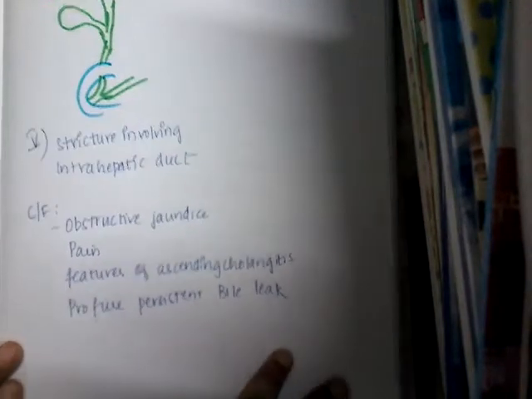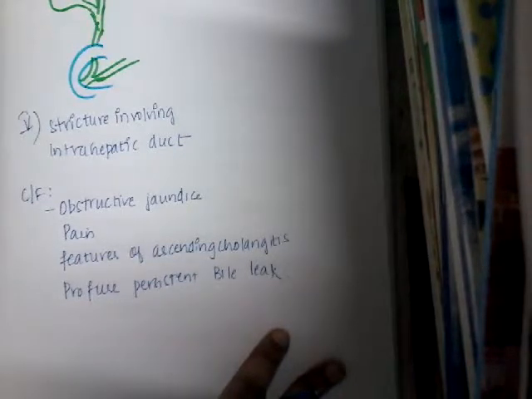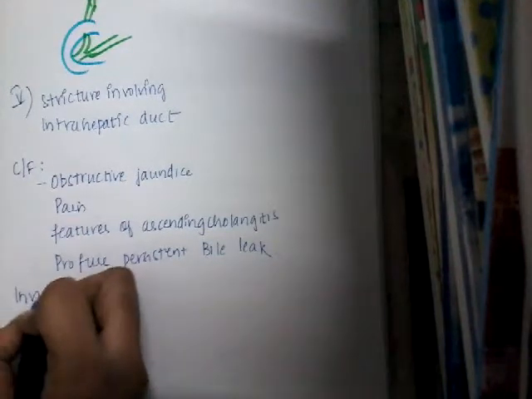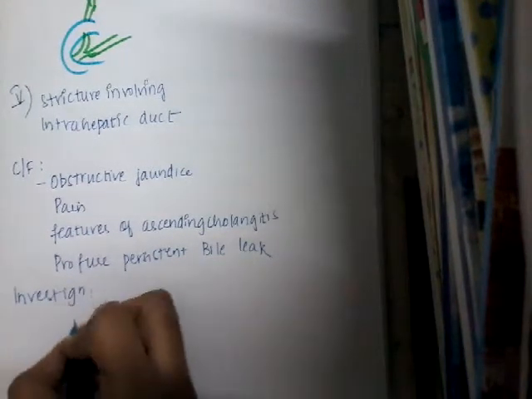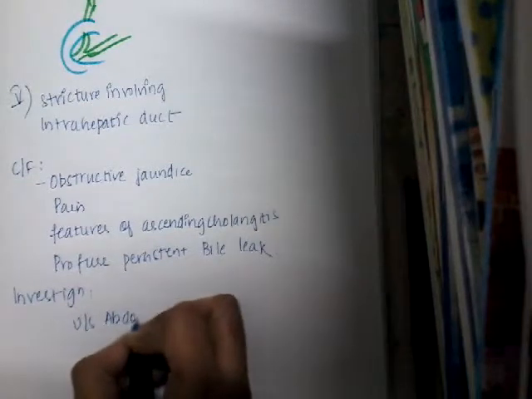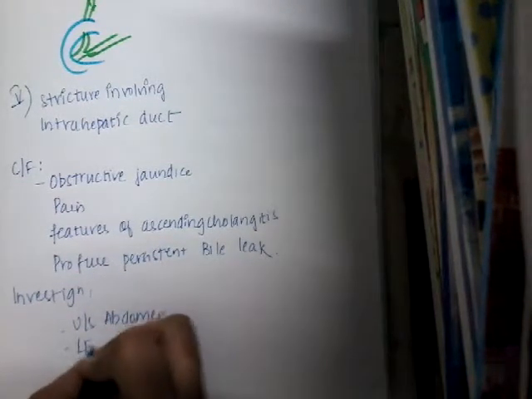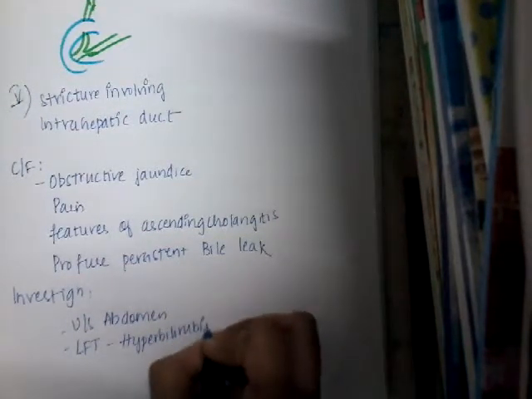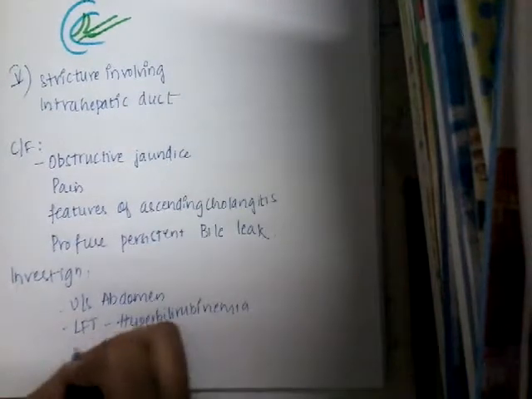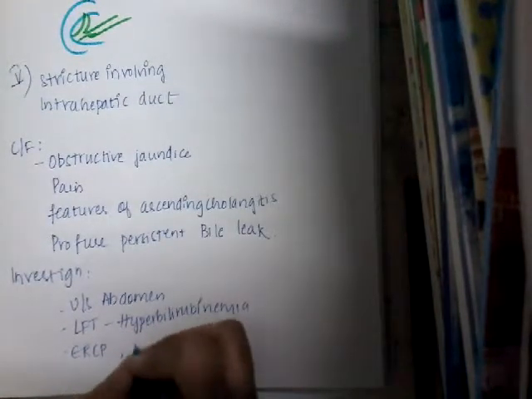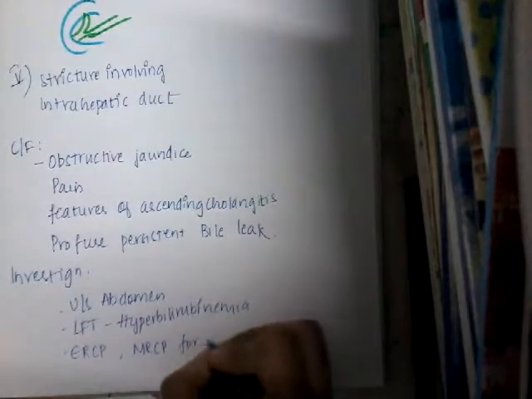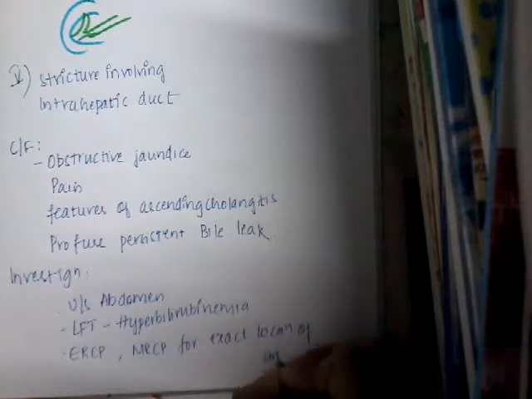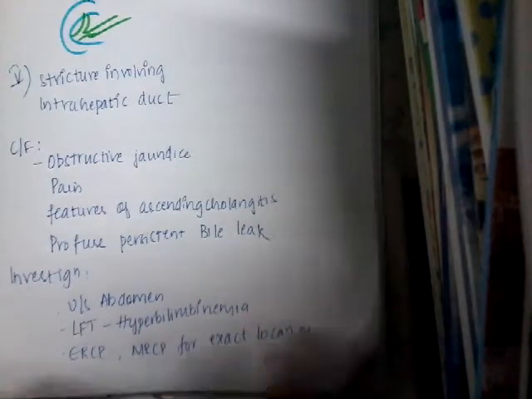So how do you investigate it? What are the investigations that you do? You can do ultrasound abdomen to find out the stricture, and you can do liver function tests for hyperbilirubinemia, and you can do ERCP and MRCP for the exact location of the stricture. These can be done. And how do you treat it?